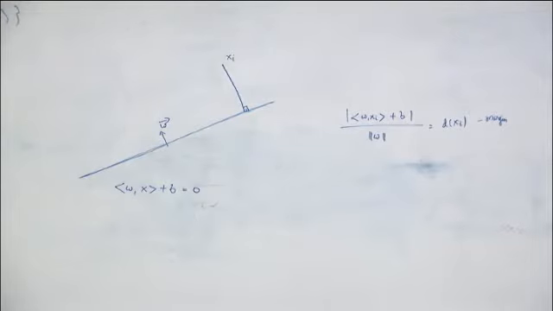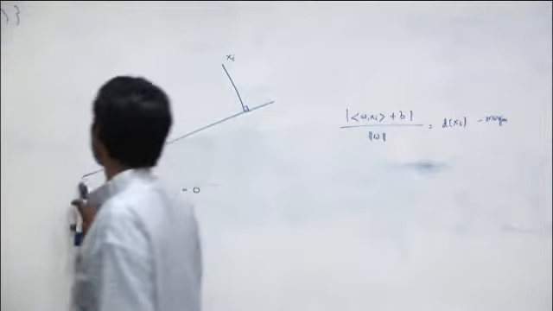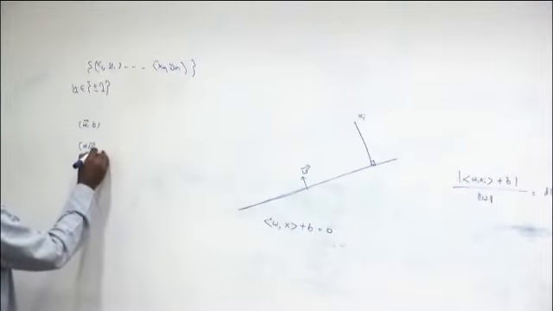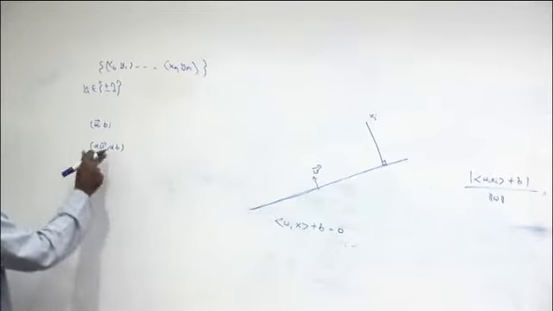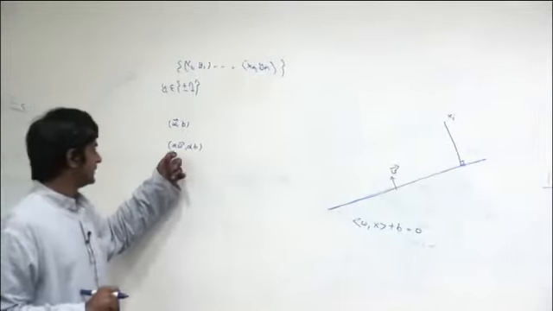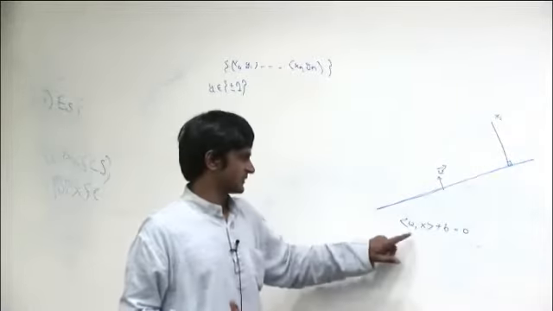Now, if you look at how w and b are defining this hyperplane, there is one slight catch. If I take any non-zero alpha and multiply both w and b with that alpha, this also defines exactly the same hyperplane. Remember, this is the equation.